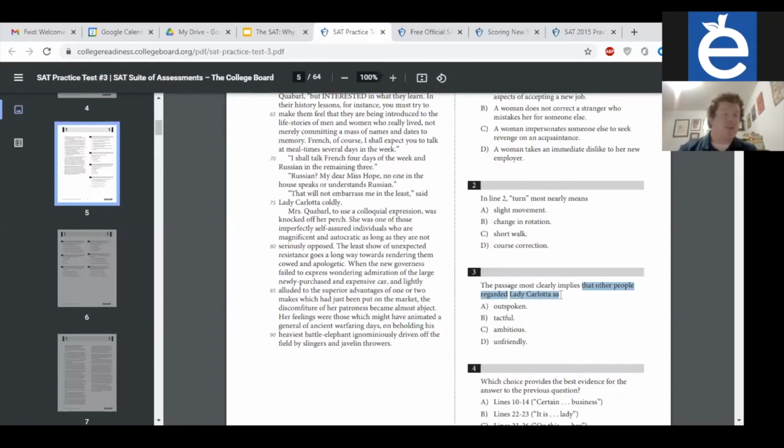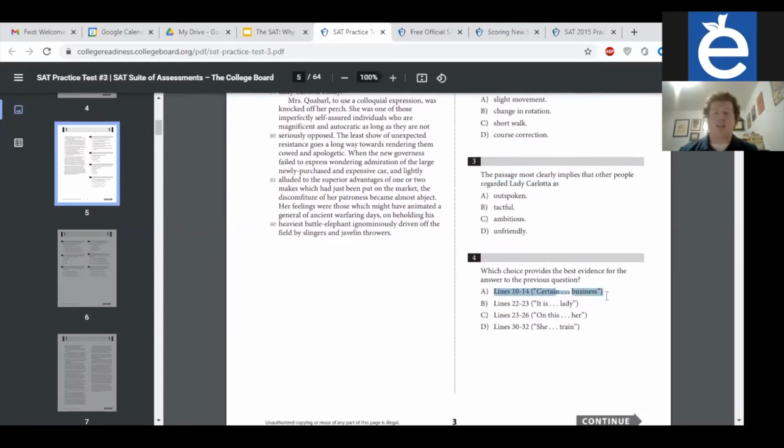When they've specified who this description applies to, which is other people and how they regarded her, that narrows down what's going to be applicable. And if we apply that really strictly, it's going to help us out when maybe we're not entirely sure. So let's take a look through here.